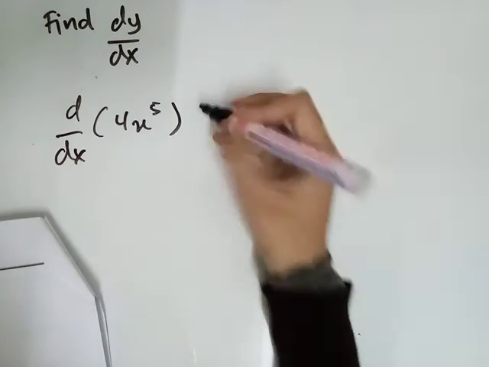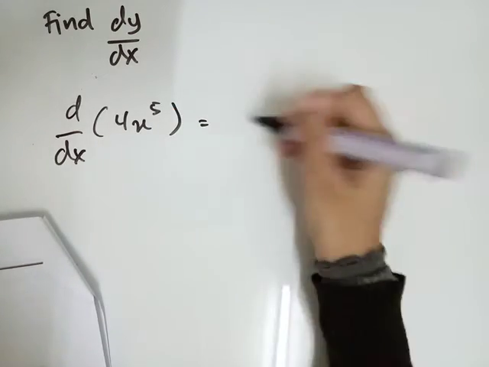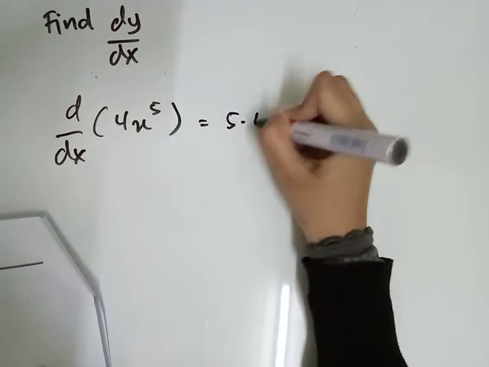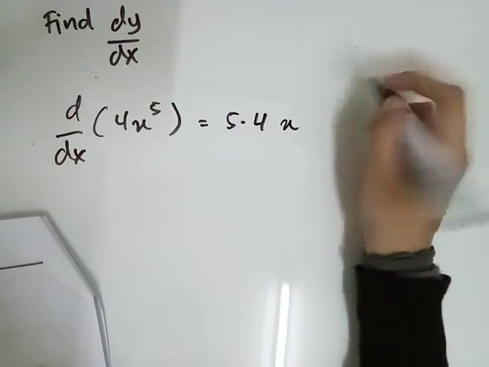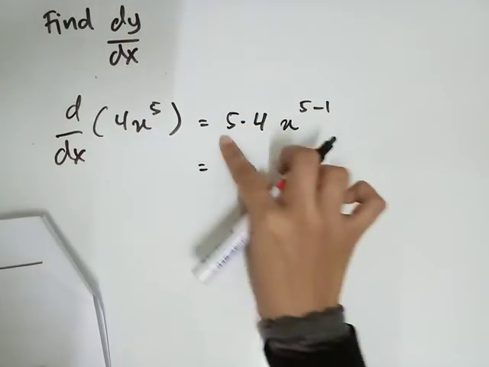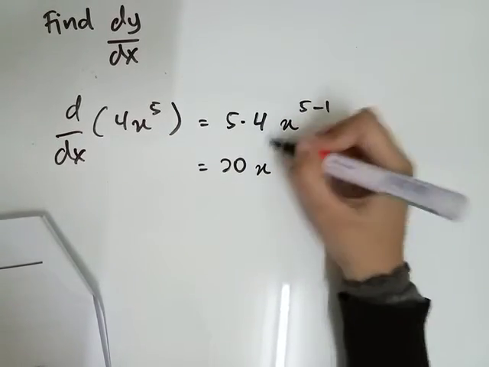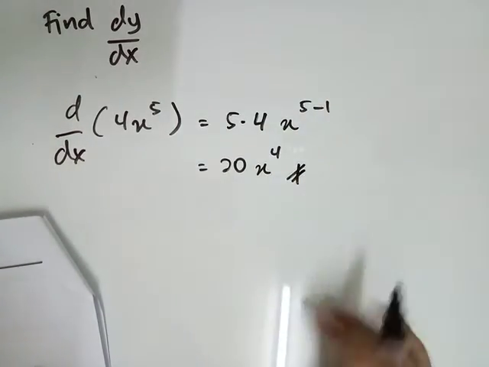So how to differentiate? The power 5, bring to the front. It will be 5 times 4 x power 5 minus 1. So 5 times 4, you get 20, x power 5 minus 1, you get 4. So this is the answer, 20 x power 4.